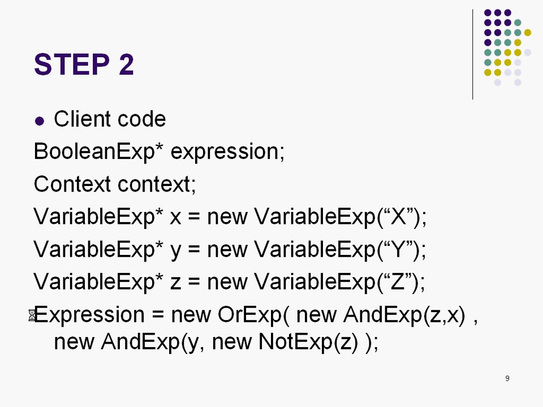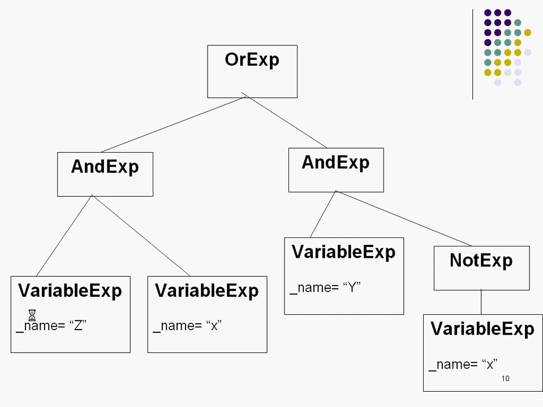So what happens is, when the last line gets executed, you have a tree like this created. In the first three lines, we created a variable exp object for x, then a variable exp for y, and a variable exp for z. That was the first step.